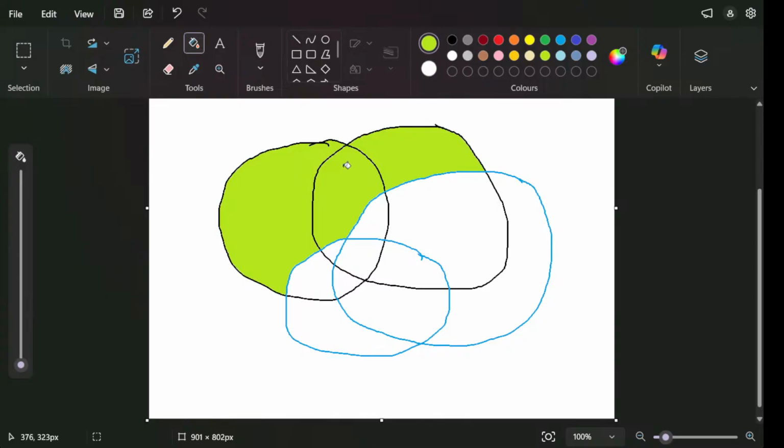So the union of F would be this guy and this guy, intersect the union of G complement.